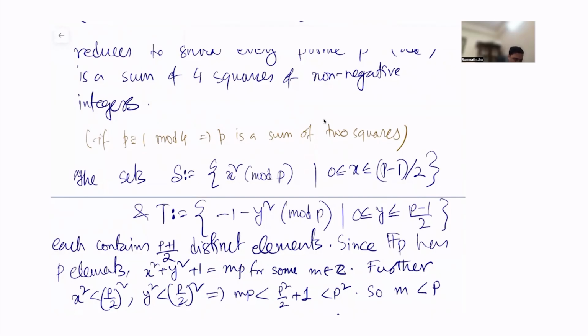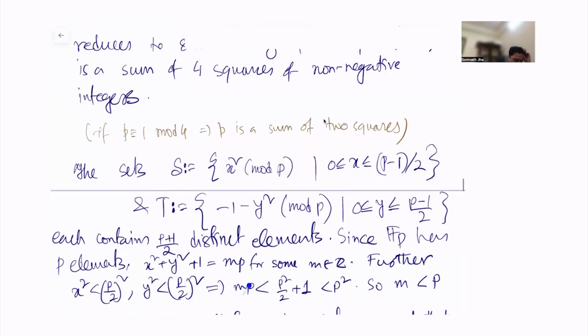So this is less than p squared, because that amounts to saying that p squared is greater than 2, which is the case. So altogether mp is less than p squared, so m is less than p.